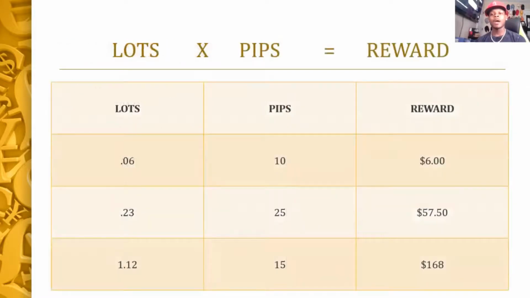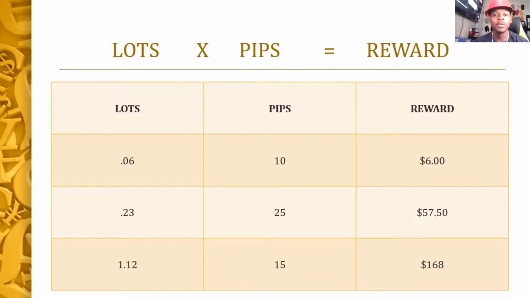So how are you able to translate this into money? Really all you have to do is multiply your lot size by the total of pips. Let's say we entered a trade with a 0.06 lot size and we're risking 10 pips. So 0.06 times 10 will be $6 in a trade that you are risking or collecting.